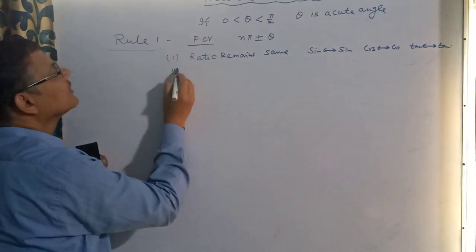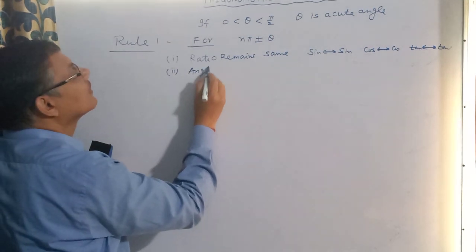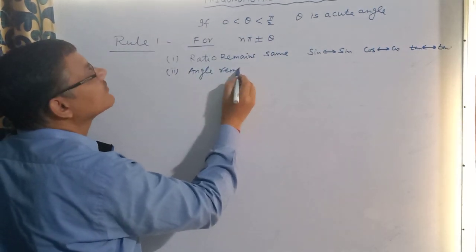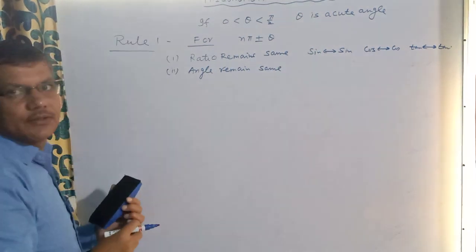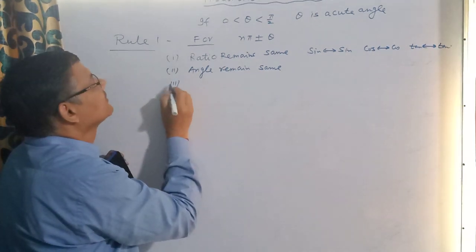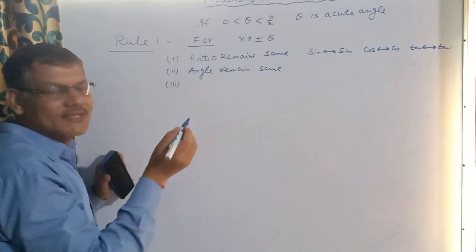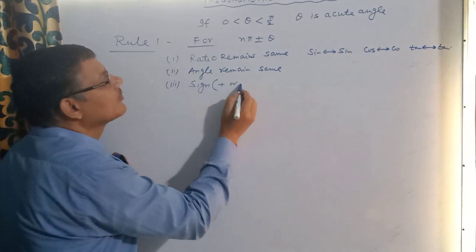Now the second rule: the angle remains the same. If this side is theta, that we want to change, that side is also theta. The third one is the sign. Which sign? Here we are using plus or minus.